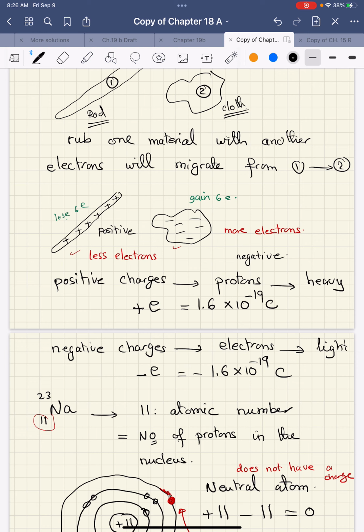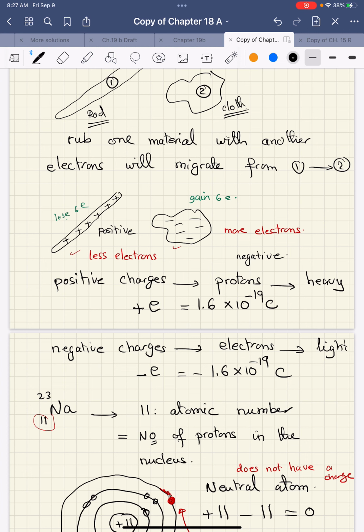And I also have electrons revolving around the nucleus. They are negative charges, and they are super light when compared with the protons. They have a charge of negative e, which is negative 1.6 × 10^-19 coulombs.